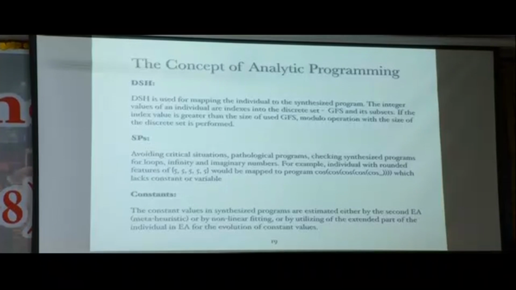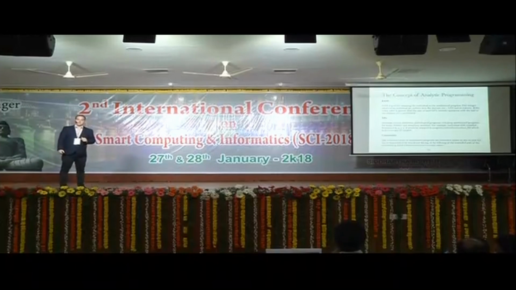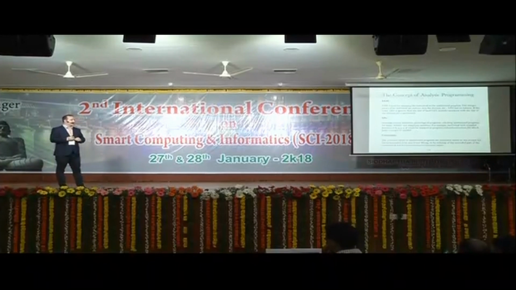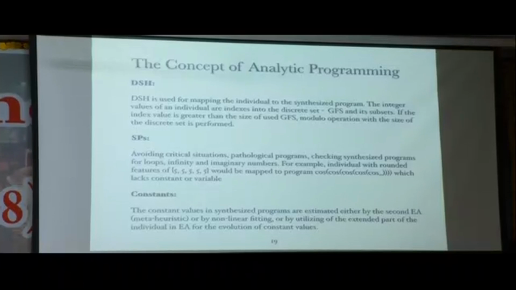Then we have security procedures. For example, here is an example. The security procedures are very important in the case of genetic programming or whatever techniques from simple regression, because we are synthesizing the programs, the formulas. And we are doing it with some artificial intelligence in the background. But this artificial intelligence is just used for linkage between the space of the evolutionary process and the space of the process of the functions, terminals and non-terminals.